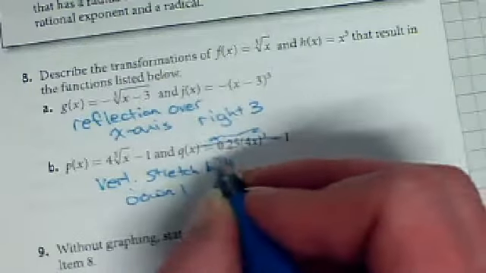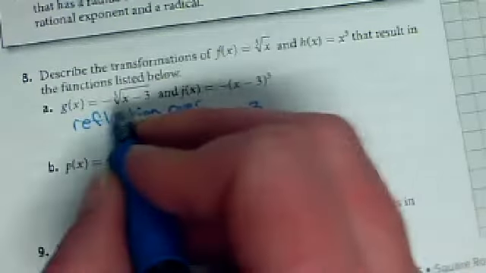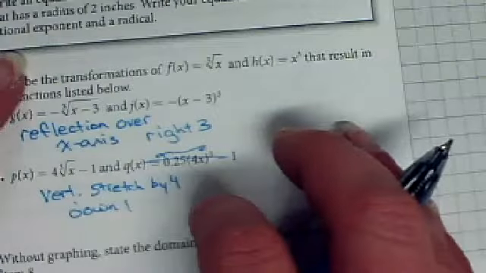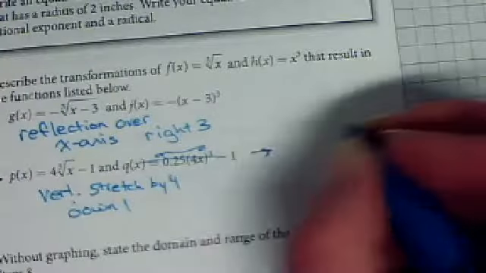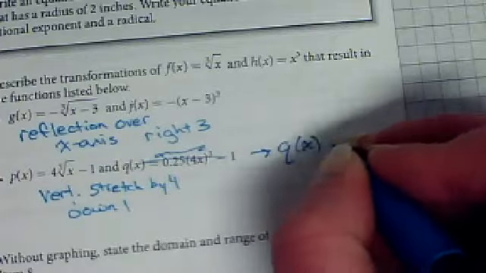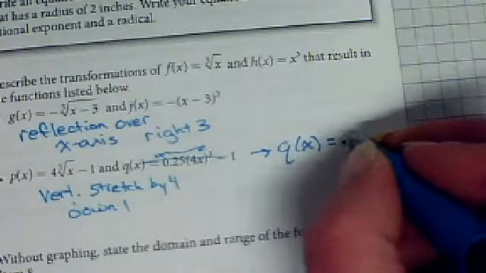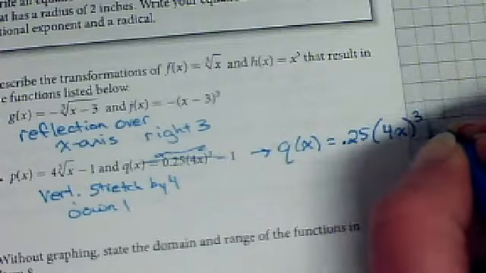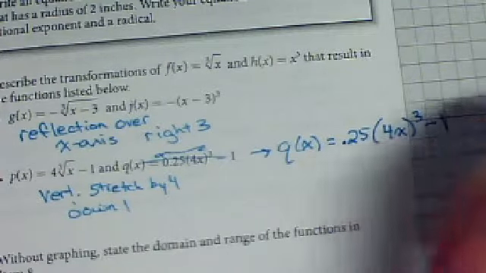Now, I don't know why they put these two together, because these two had the same movement. This one does not. If we look at that one, it had 0.25 on the outside, and then 4x cubed, and then minus 1.